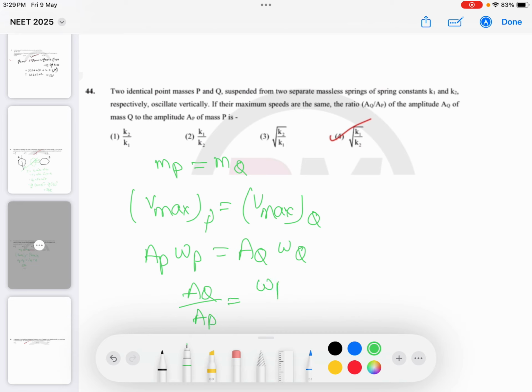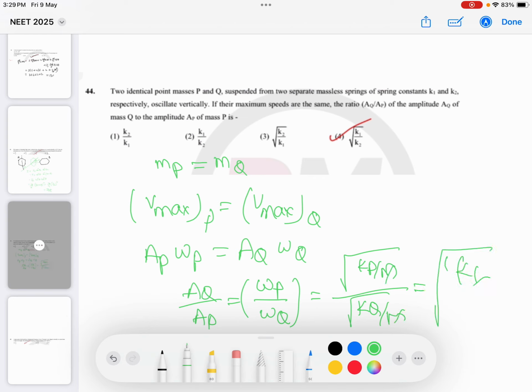AQ by AP is equal to omega P divided by omega Q. The omega value is equal to root over K by M, root over Kp divided by M divided by root over Kq divided by M. M cancels, which is equal to root over K1 by K2. So option number 4 is correct.